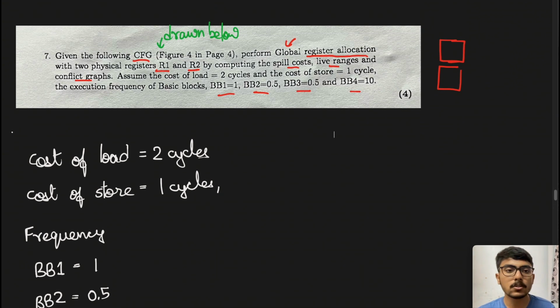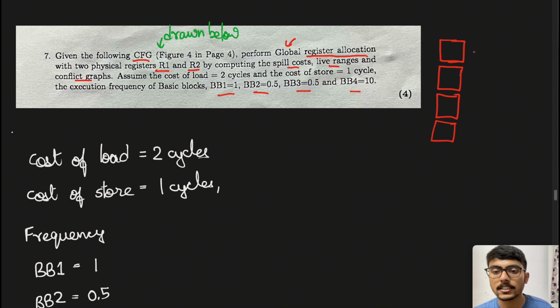Just as I mentioned, our code might consist of functions or modules, and those modules might be using some variables. Those variables need to be stored in the registers only, right? All the operations which we perform have to go through registers.